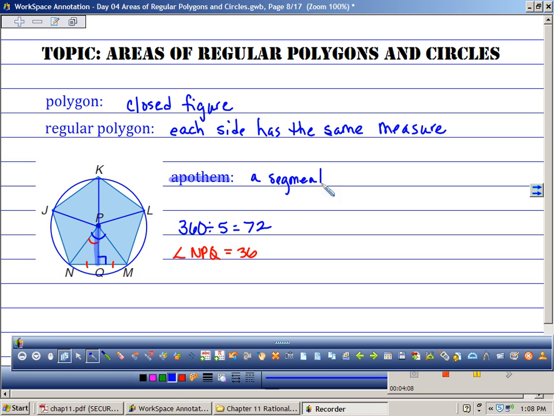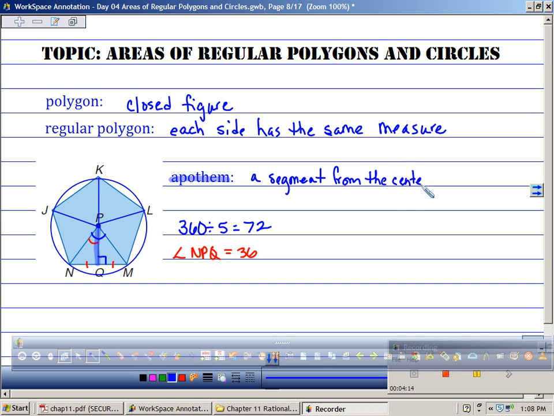A segment from the center perpendicular to the side. And because it's perpendicular, we know it's a 90-degree angle, and that's how we know that it bisects that segment, correct?